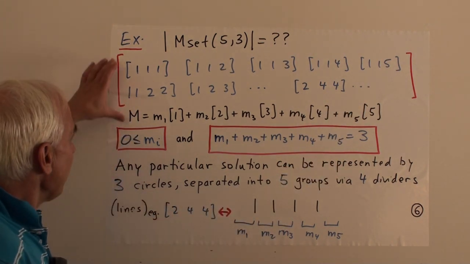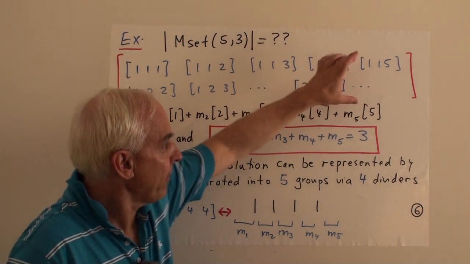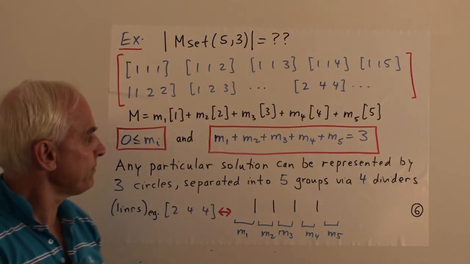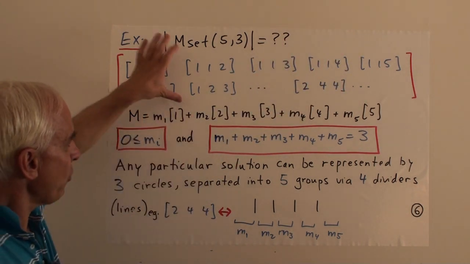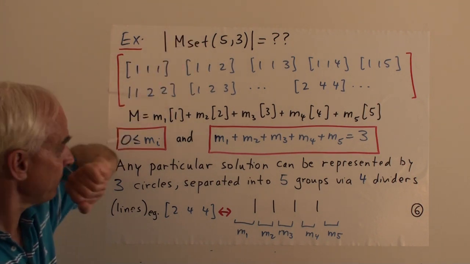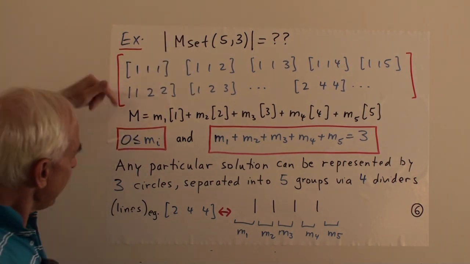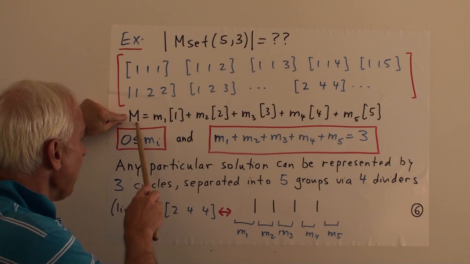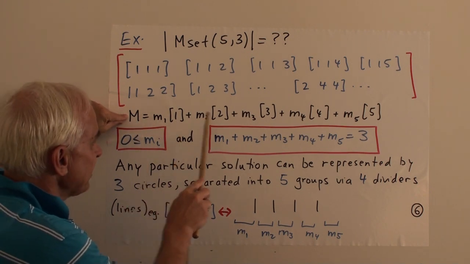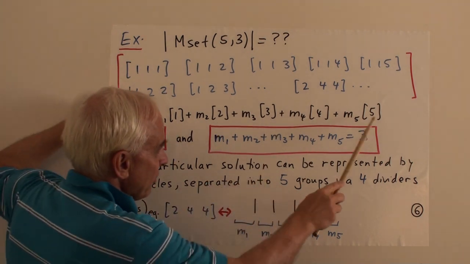We want to know, for example, how many are there just of this kind. So let's have a look at the question in this particular case. We're looking at an MSET where the objects are one of these numbers 1 through 5.